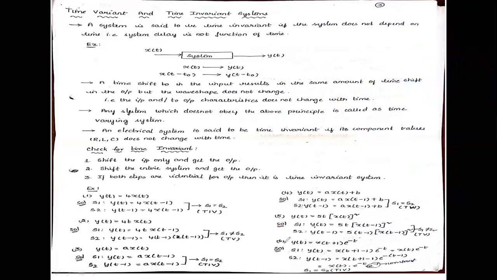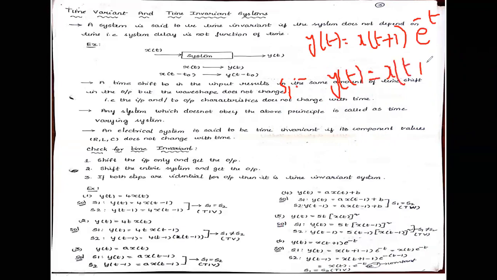Next, the sixth one. What is the sixth one saying? The y of t is equal to x of t plus 1 e power minus t. What is step 1 saying? Only the input is changed, with the one sample shifted, t plus 1 minus 1. The total is one function e power minus t, that is x of t into e power minus t.